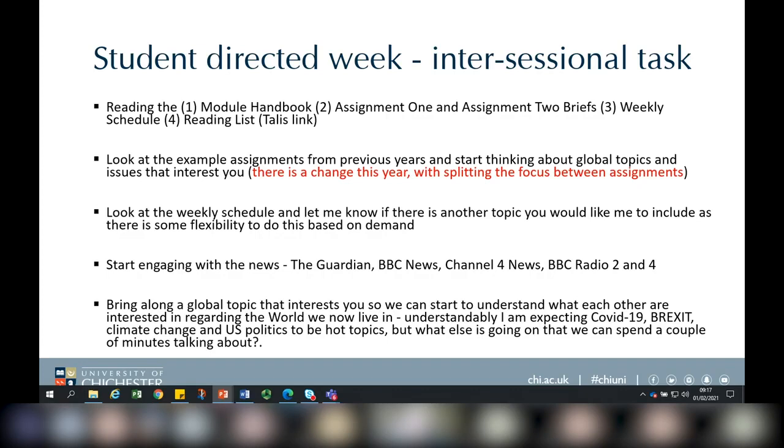Put your ideas forward. The assignments are really about, so the conference paper is like a hybrid literature review, but with your own thoughts. So it's a paper where you research a global topic and actually put your views in as well as what you're finding.